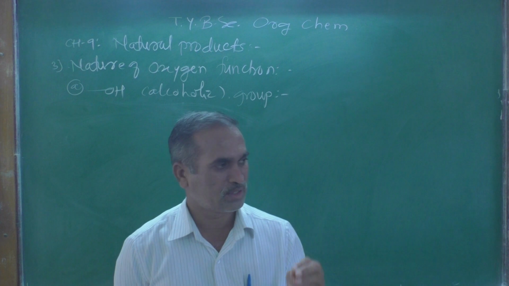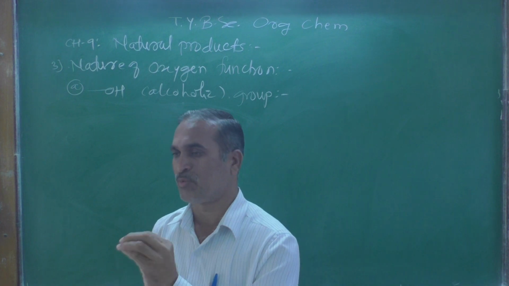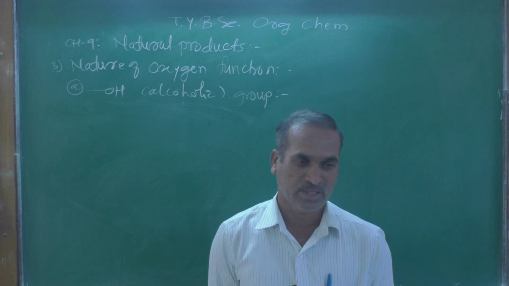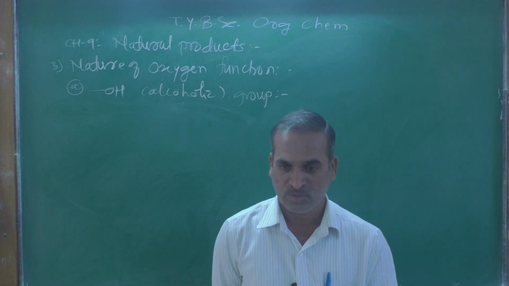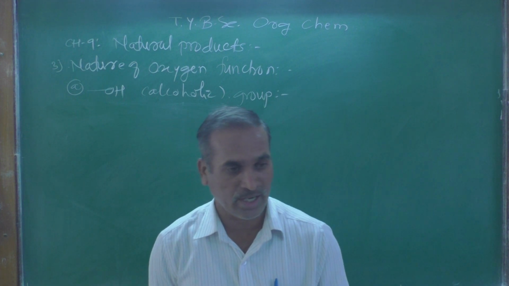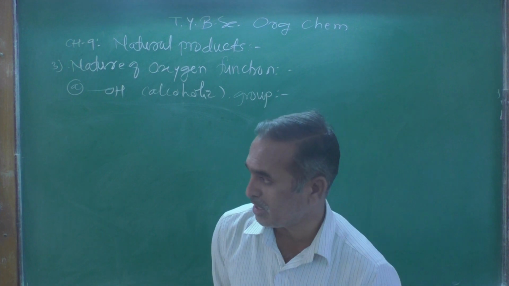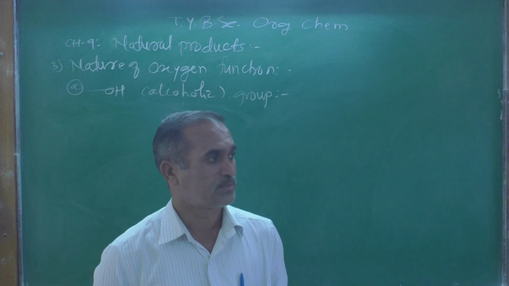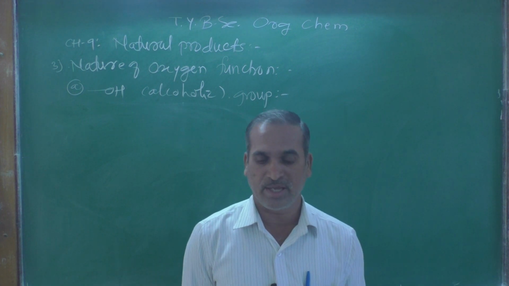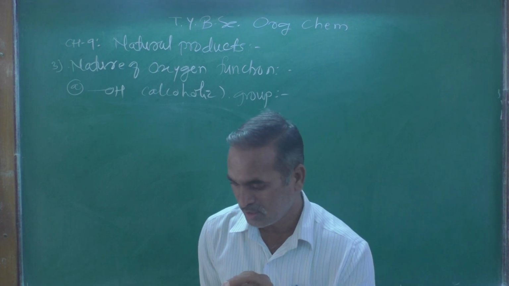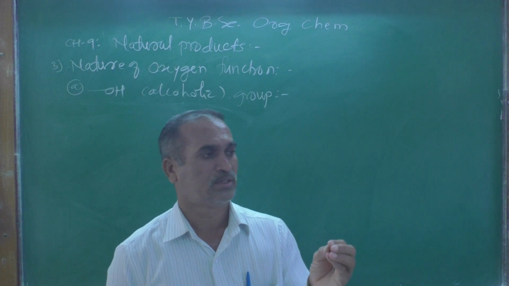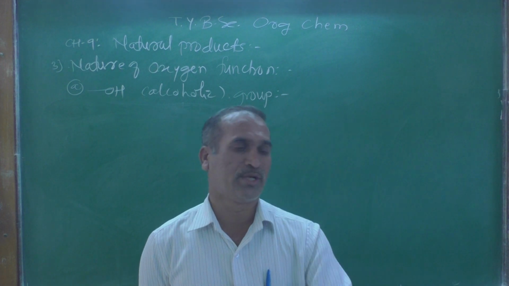As we know, the general formula of alcohol is ROH, and when that alcohol reacts with acetic anhydride or phenyl isocyanate, if a monoacetyl derivative is formed, that clearly indicates that the hydroxy group, or the alcoholic group, is present.